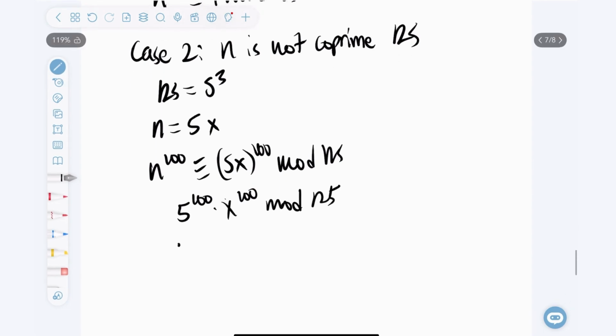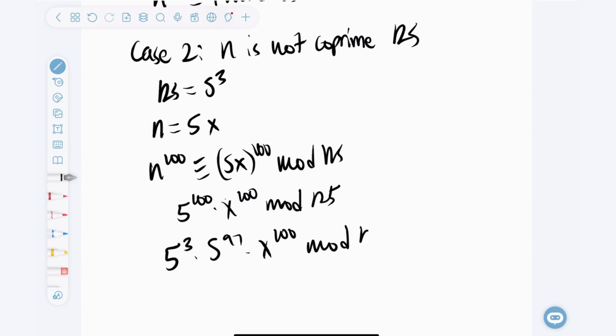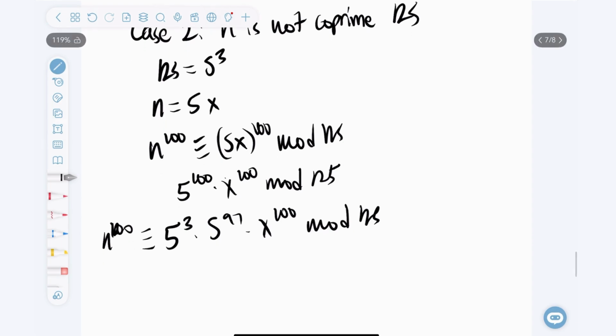So we can further write this as 5 to the 3 times 5 to the 97 times x to the 100 mod 125. And we can notice here that 5 to the 3 is just 125. And 125 is being multiplied by 5 to the 97 times x to the 100. So this is just some random integer.